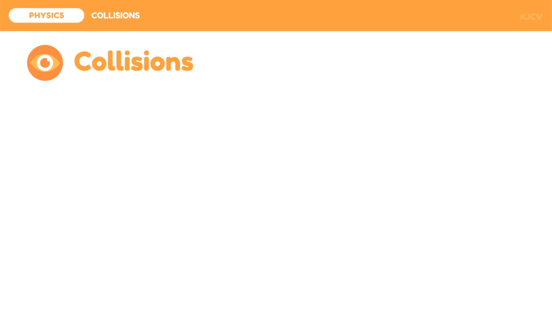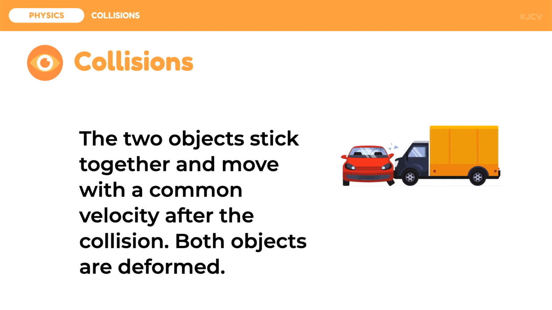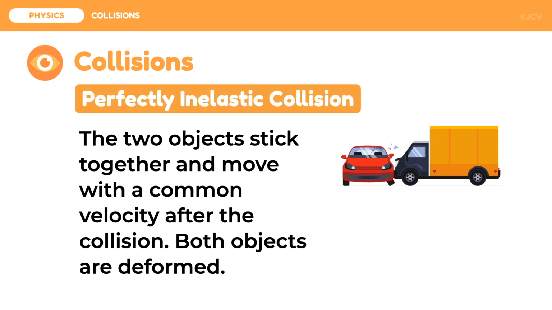The last type of collision resembles inelastic collision except for the direction and motion of the objects after collision. In this car crash, the two objects stick together and move with a common velocity. Also, both objects are deformed. This is what we call perfectly inelastic collision.